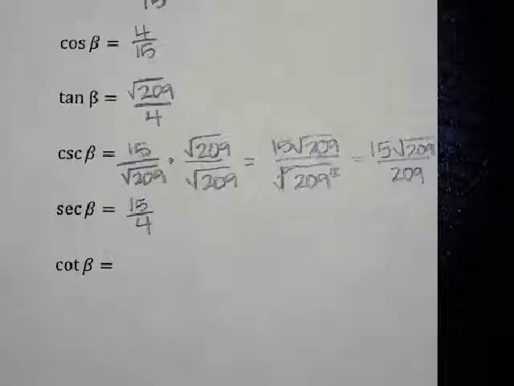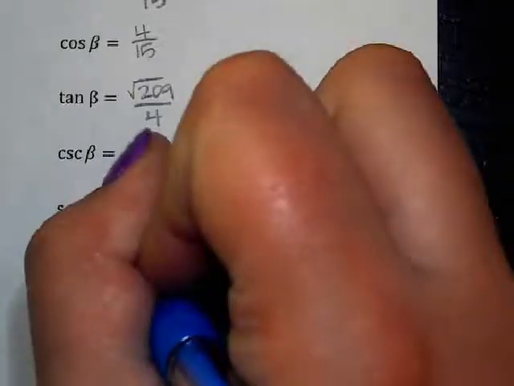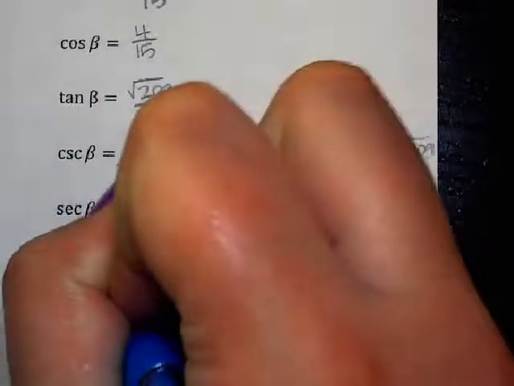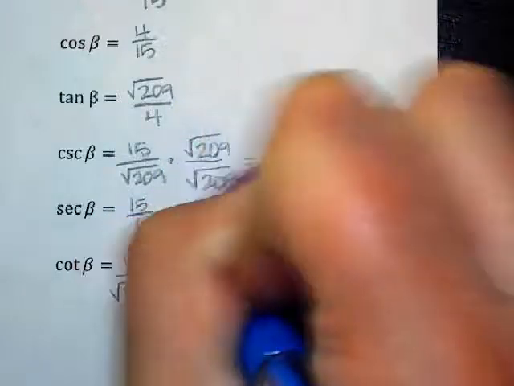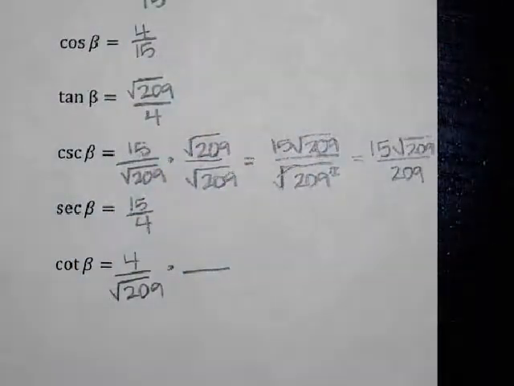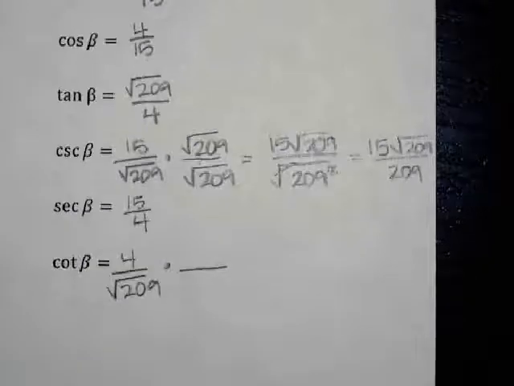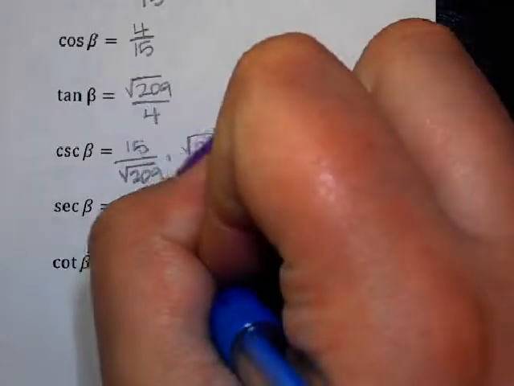4 over root 209. And since this one has a radical on the bottom, we have to multiply it by a fraction. The fraction that we're going to multiply it by is root 209 over root 209.